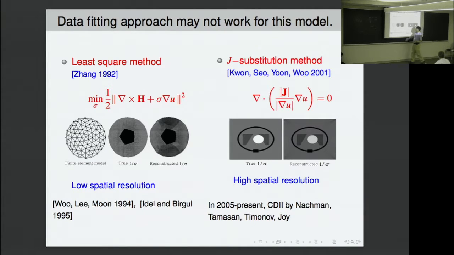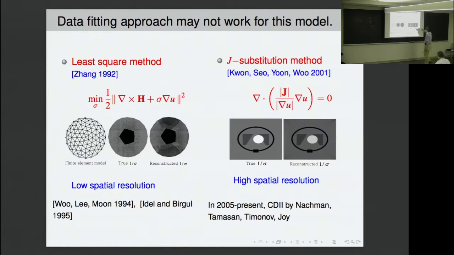So they spent a lot of time and got a poor image, because the relation between the data and sigma is too insensitive. Small changes in the data contain this information, so how can you reconstruct? Using the least square method was not successful, so people forgot about it because it did not work at all.